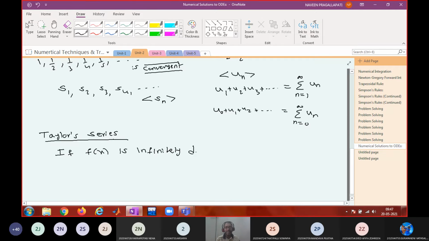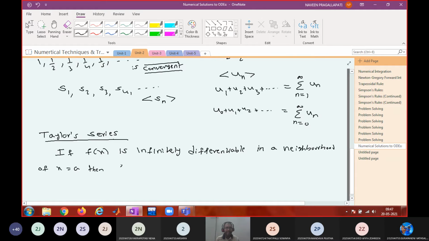If f of x is infinitely differentiable in a neighborhood of x equal to a, what do you mean by neighborhood? Surrounding points a minus h and a plus h.